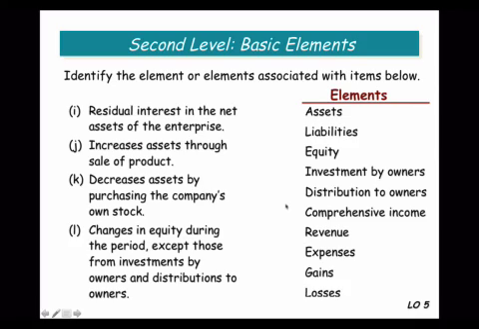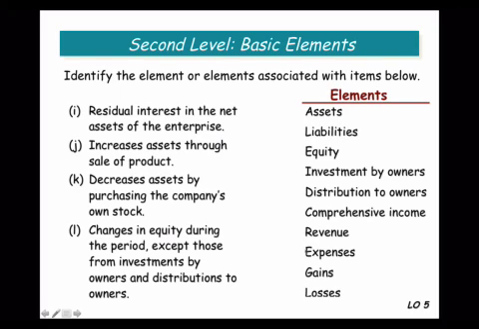L says changes in equity during the period, except those from investments by owners and distributions to owners. Okay. Well, the best answer for that is comprehensive income. It equals the changes in equity during the period, except those from investments by owners and distributions to owners.